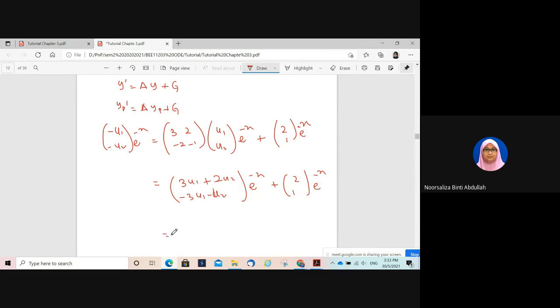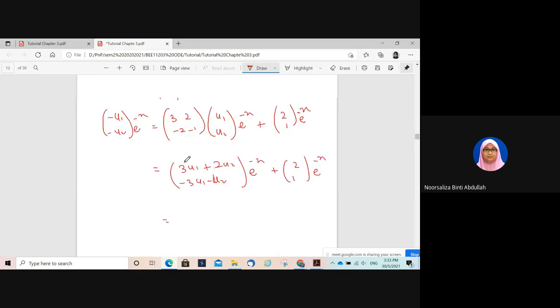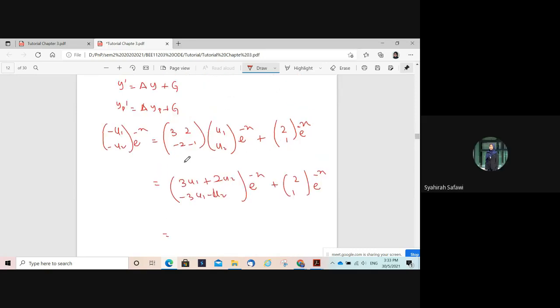Sama juga dengan negatif 2U2. Mana kat mana? Betul tak? Negatif 2U1 minus U2. Betul kan?